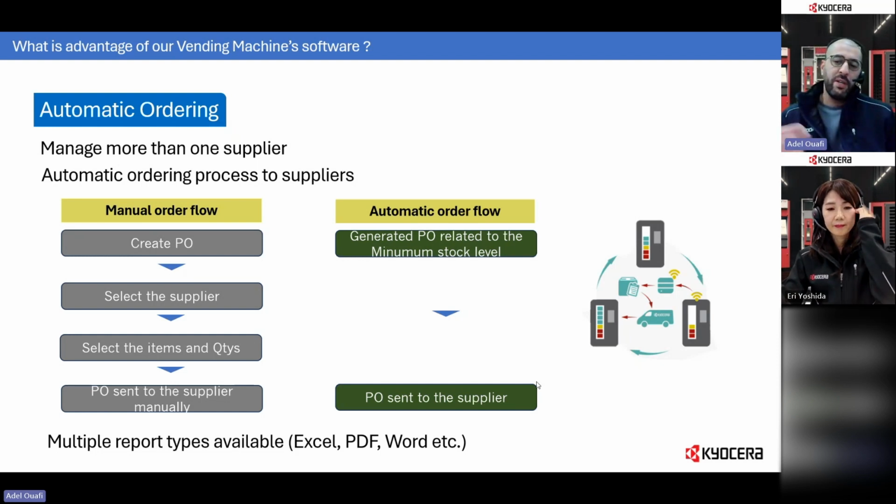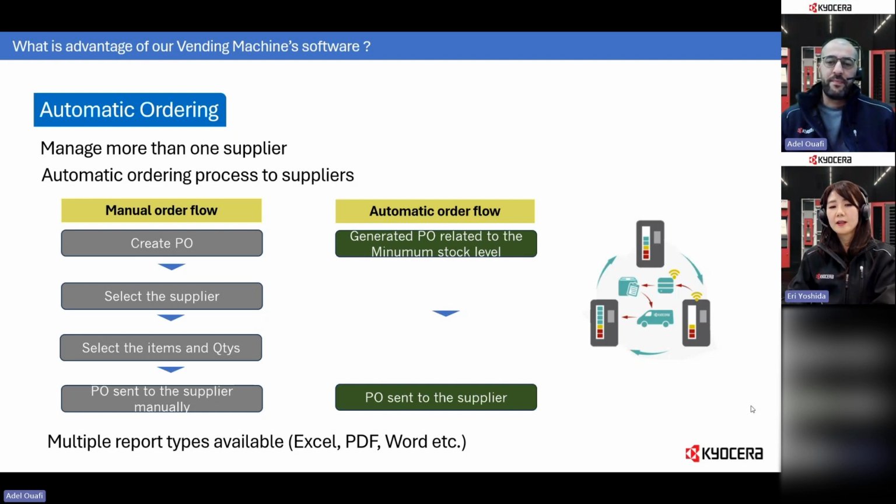So when you reach your minimum, the software will directly generate an order up to the maximum you have already set up. For this type of purchase order, we can have them in PDF, Excel, Word, and other extensions.